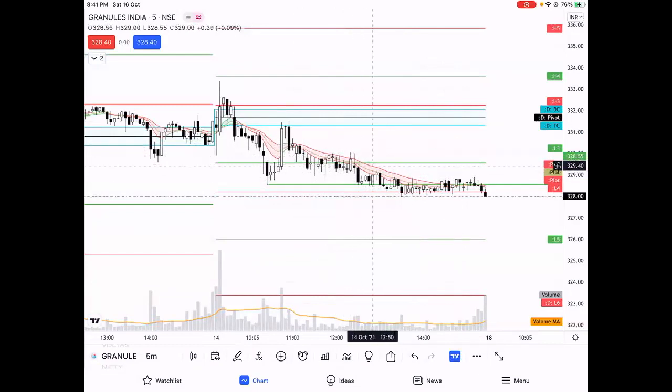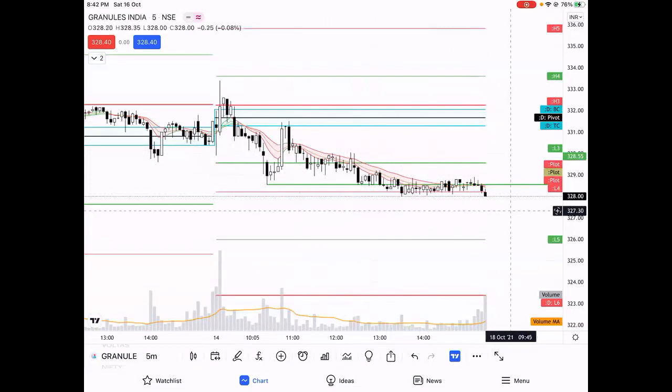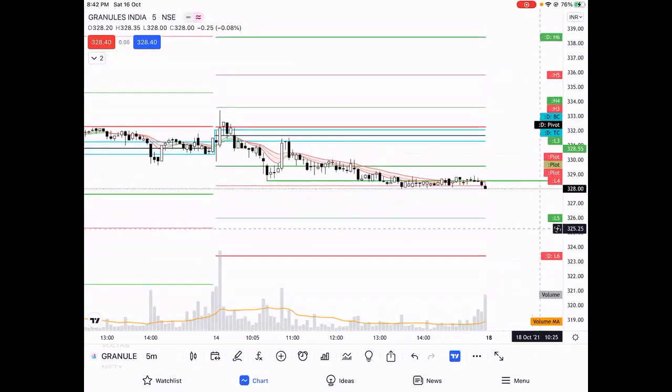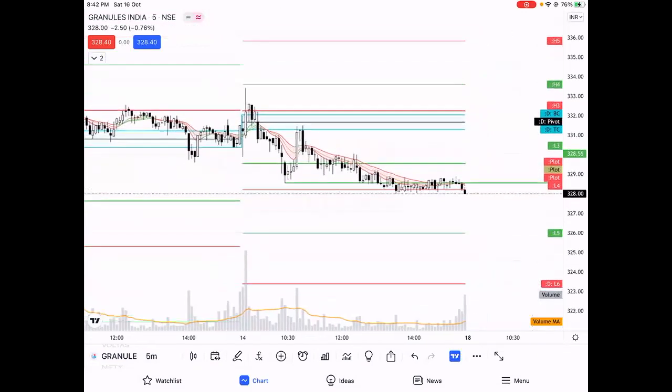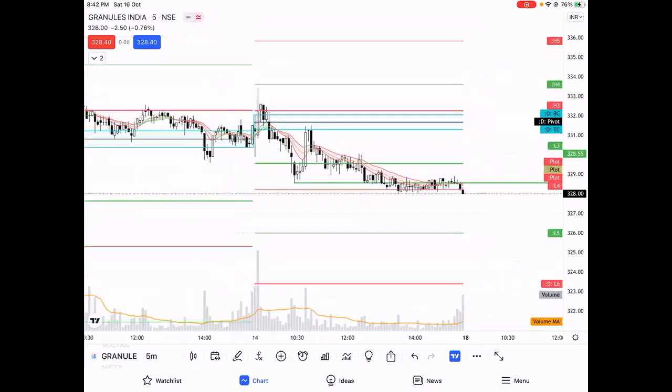And finally, it gave a move, and it had taken out the initial day low also, right? You see here, finally this support level, which was the day's low, was taken out. And you can see it can also move down till L5 or L6, right? But the market got closed. So this is how you can take entries based on simple bookish levels, right?